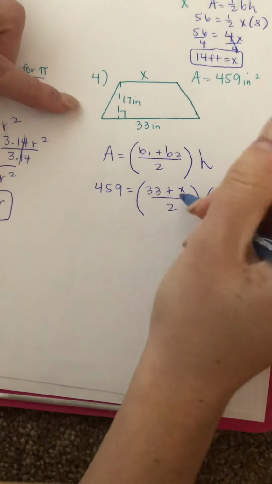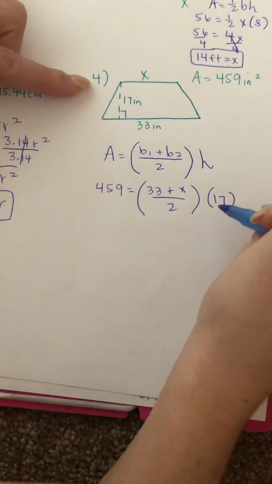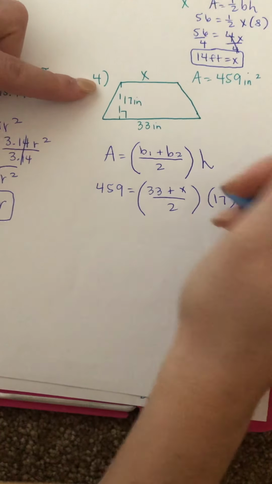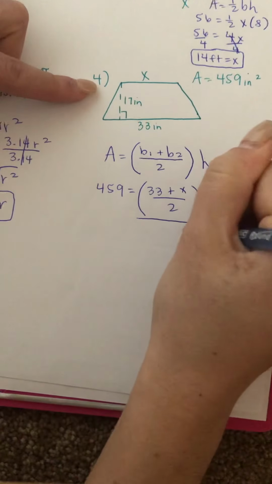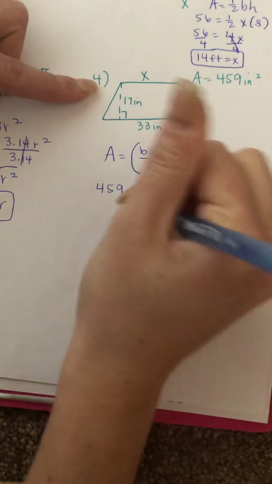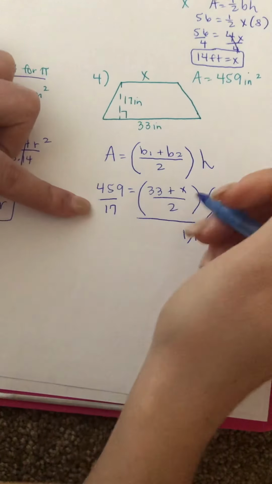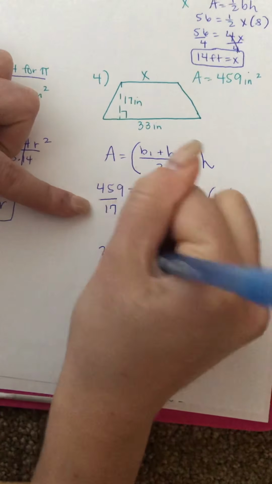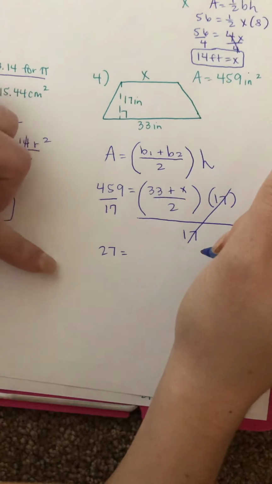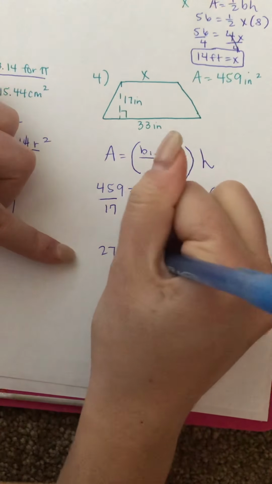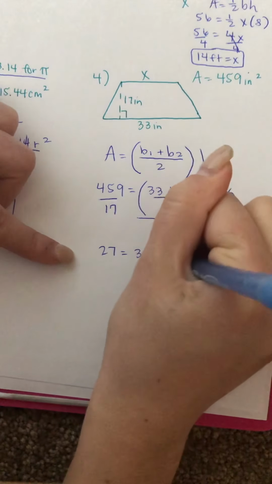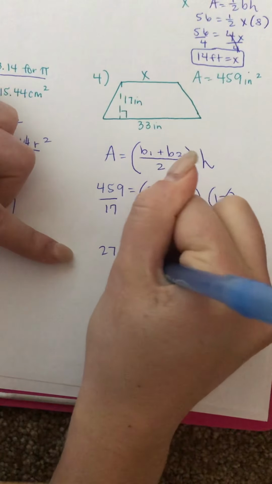Okay, now this is all being multiplied by 17, so I'm going to go ahead and get rid of 17 first by dividing through by 17. That's going to cancel your 17s. 459 divided by 17 gives us 27 equals 33 plus x divided by 2.